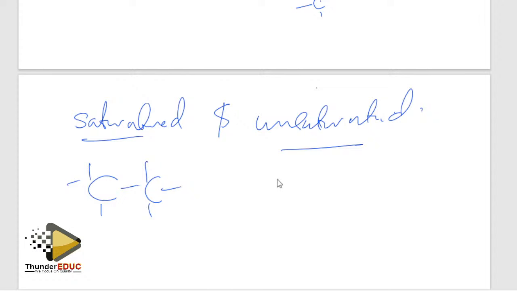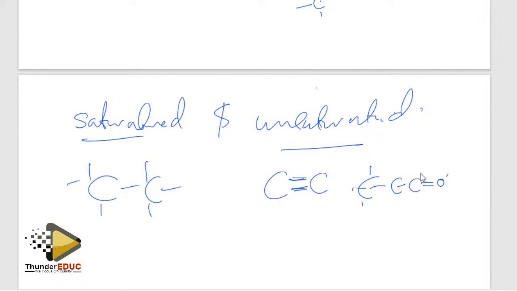What about unsaturated compounds? These are compounds which have double or triple bonds between carbon atoms. Don't say double or triple bond without saying between 2 carbon atoms. Because if it's like this, you have a ketone, but it is a single bond throughout between the carbons.